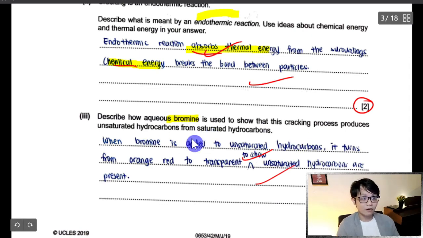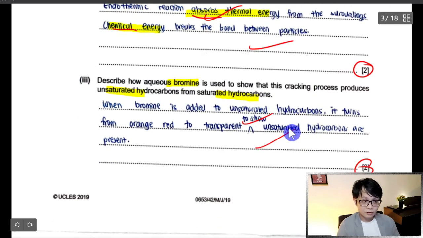But for saturated and unsaturated, one way is to use bromine. If you add bromine into the hydrocarbon, it will change from orange straight to transparent, so you get 1 mark.